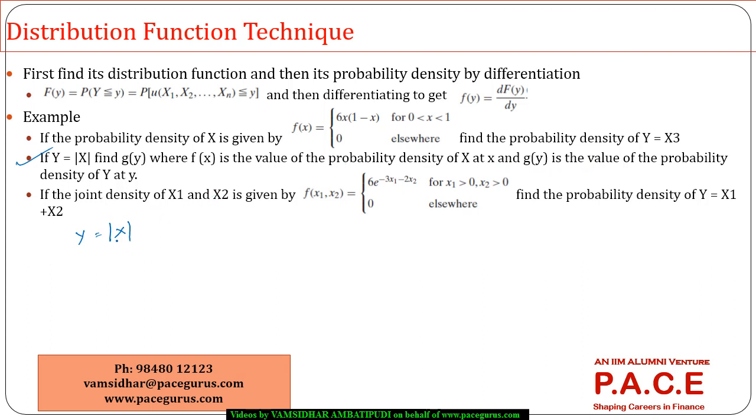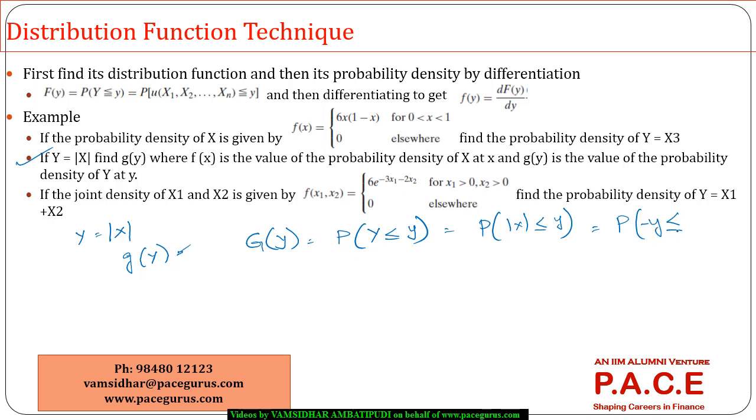So we know that g of y, when you are talking of y equal to mod x, is equal to, so first let's start with capital G of y. If we have to find this g of y, I require capital G of y, the distribution first, probability of y less than or equal to y, which is nothing but probability of mod x less than or equal to y. So when mod x has to be less than or equal to y, it means that x has to lie between minus y to plus y.